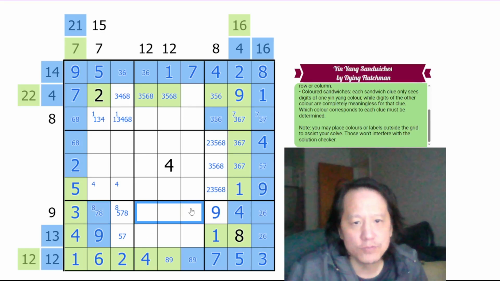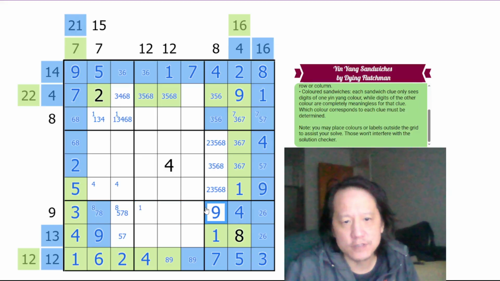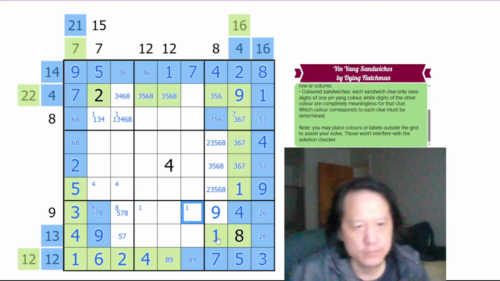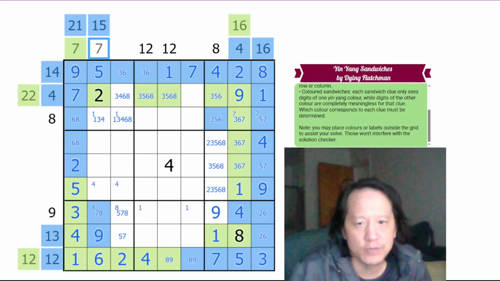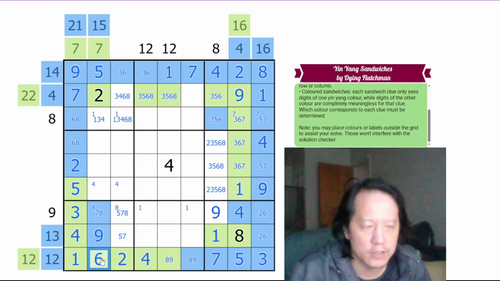We know there's a 1 in one of these two cells here. Yeah, between the blue has to be 15 and the green has to be 7 because we have to have 3 and 4 in between. Or we could have... no, 7 cannot be in between green.